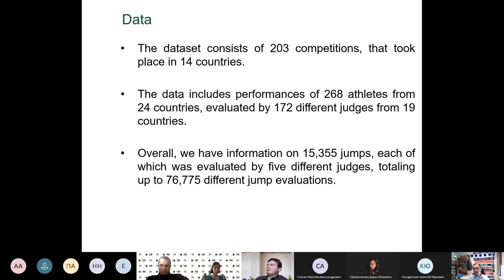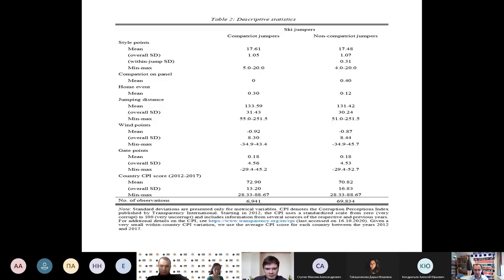Now, we had 203 competitions in 14 countries, 268 athletes. So we had information on more than 15,000 jumps, totaling 76,000 different jump evaluations, because every jump is evaluated by 5 judges. So pretty nice data set, I would say.